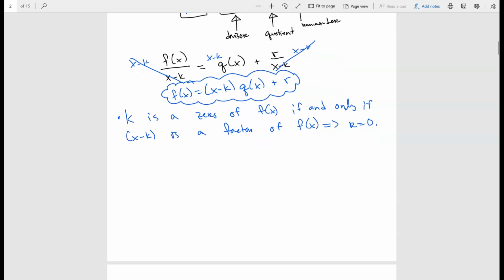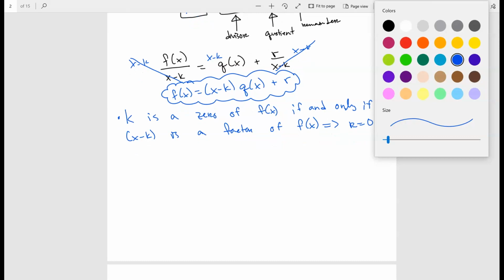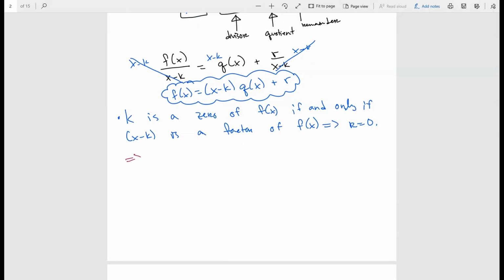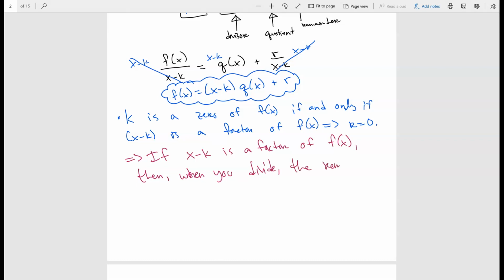If I wanted to write this in different words: if x minus k is a factor of f of x, then when you divide, the remainder will be 0. That's basically what it is.